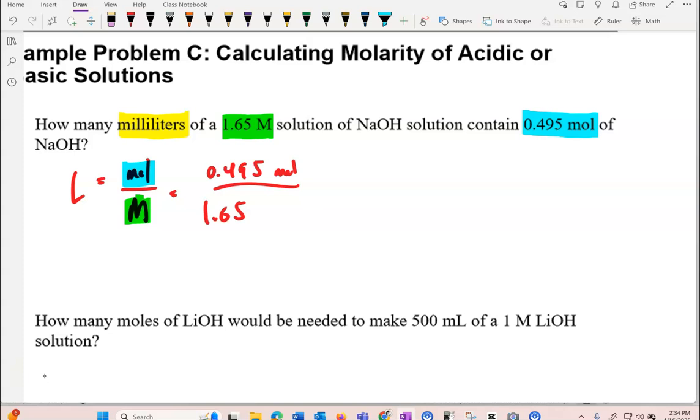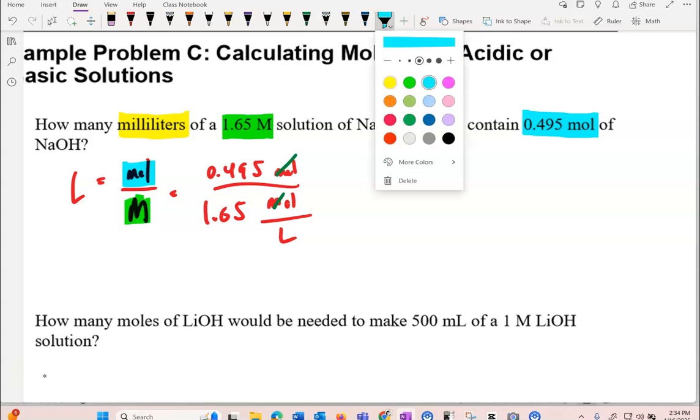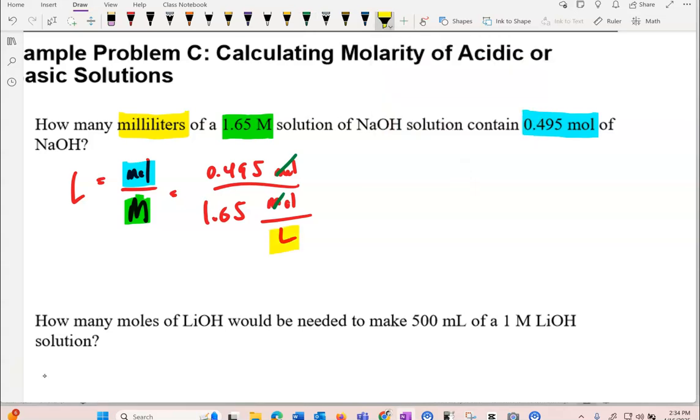Let's remember that molarity is what you get when you divide moles by liters. So when you do that, your moles are going to cancel, and it's going to leave your answer in liters, in volume, which is what we want.